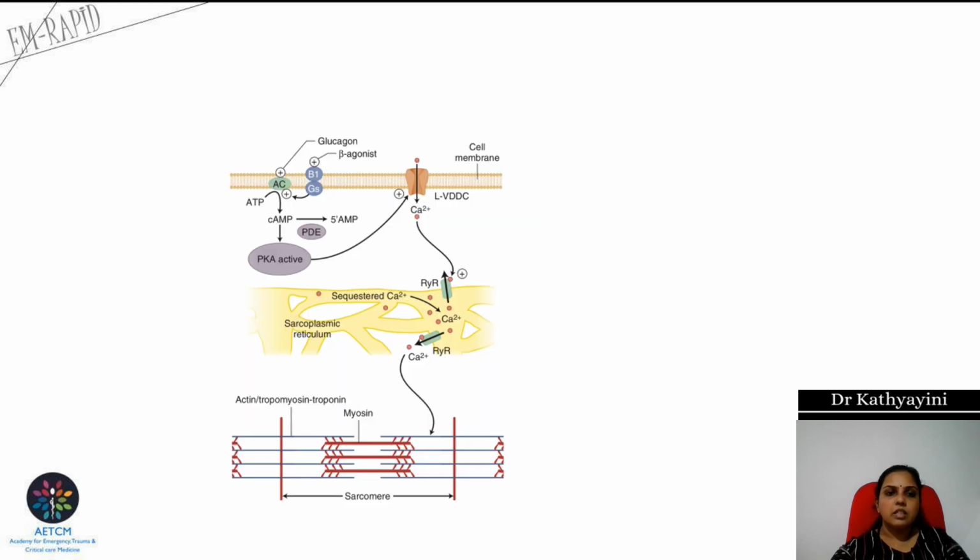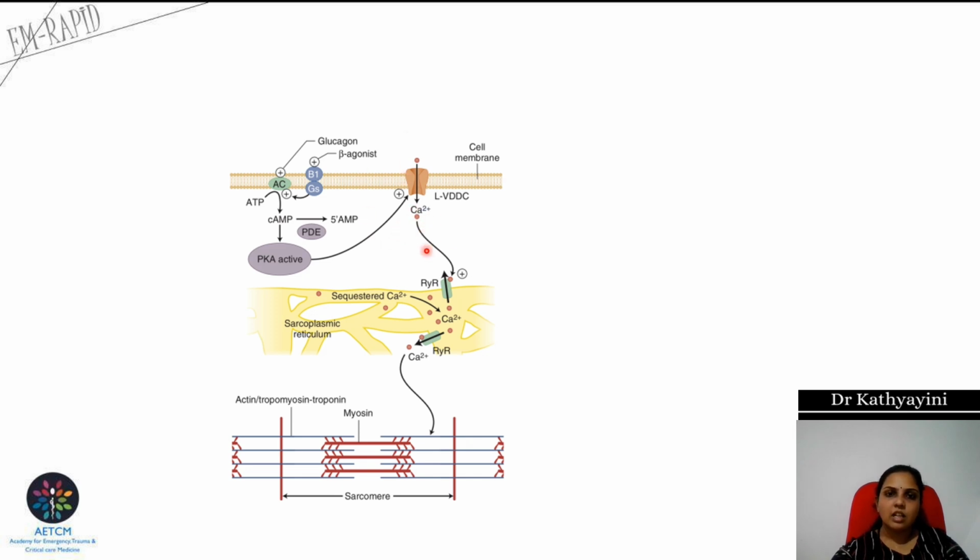So basically, the action of beta blockers: the beta receptors will be there, and the beta receptor, when it gets activated, will convert ATP into cAMP, which will activate the protein kinase, and it will phosphorylate the calcium channels, leading to calcium influx.